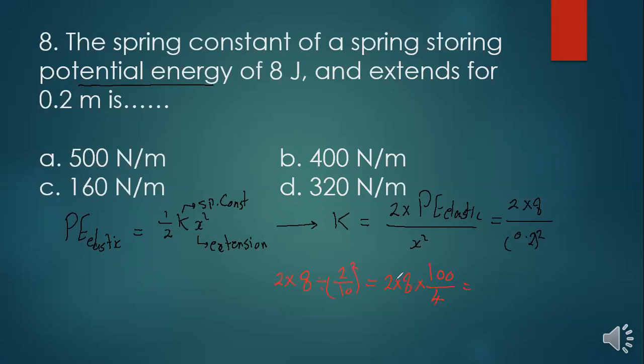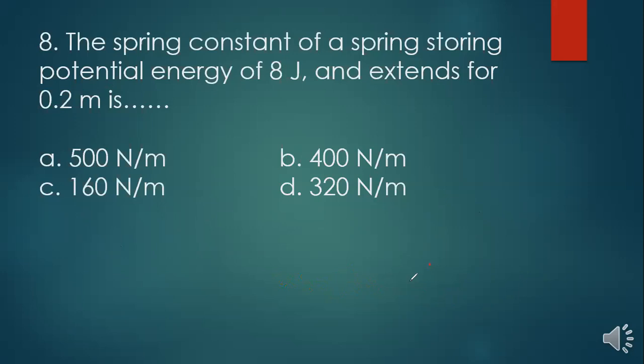So now it's easy. 2, 4, so the answer would be 400 newtons per meter. Of course, with more practice, you will be able to do this in less time, right? So the answer is 400 newtons per meter.